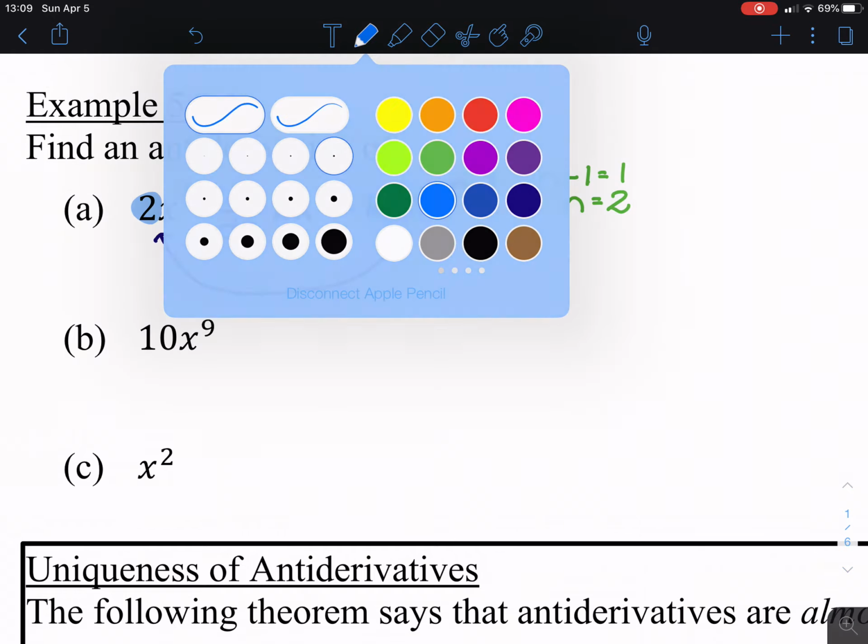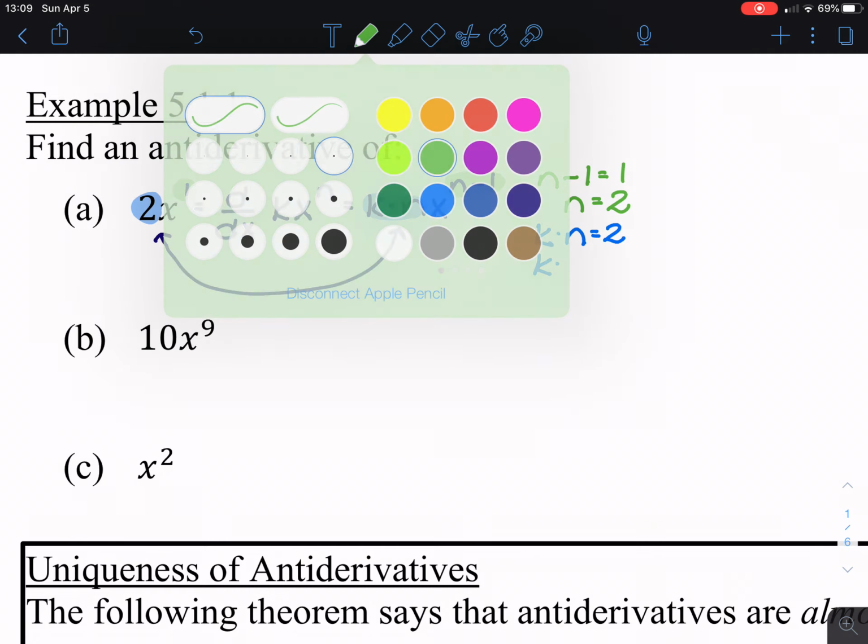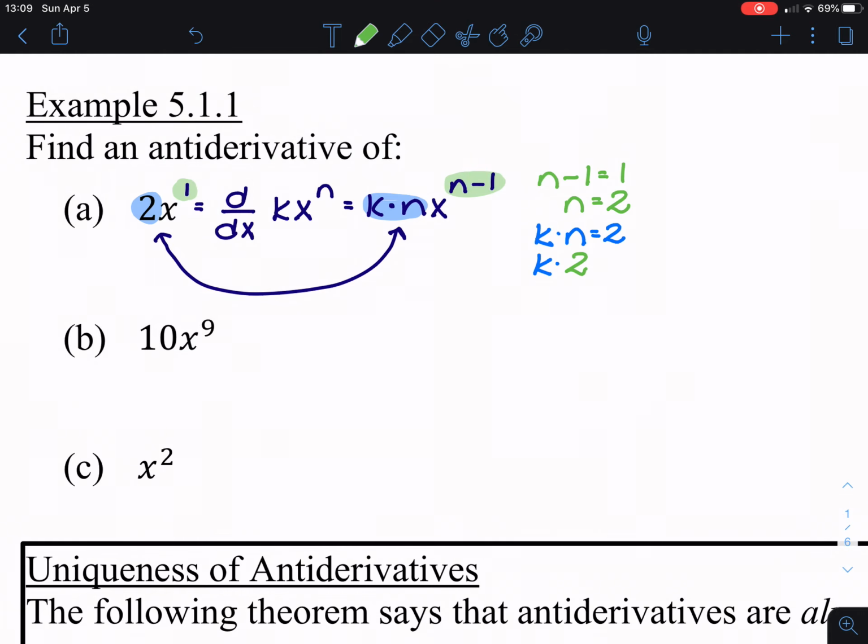The other thing I know is that k times n is equal to 2. Well, I've already figured out that n is equal to 2. Therefore, k must be equal to 1.